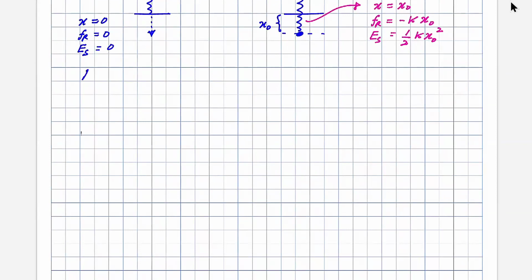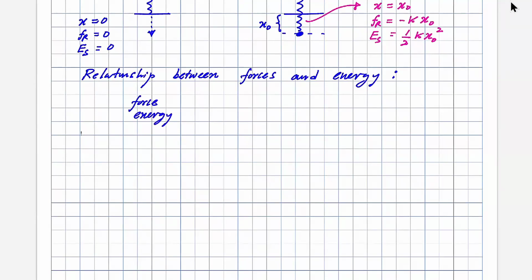Relationship between forces and energy. You have to understand these two are two different things. So force, energy.